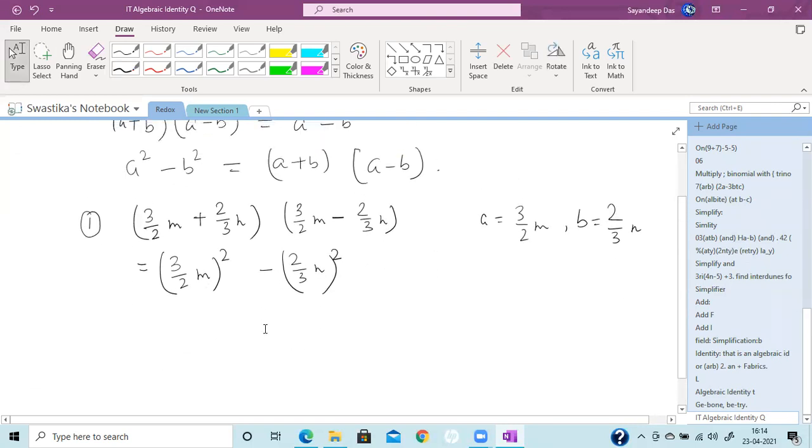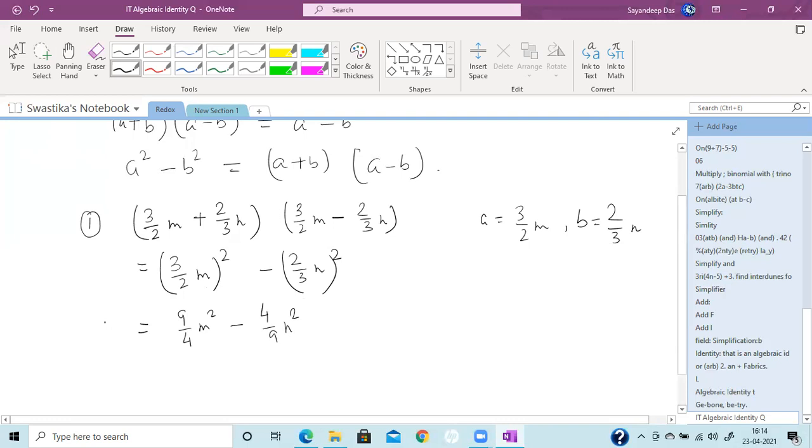So we can directly write that (3/2)² means 9/4 m² minus 4/9 n². So you see how things are becoming very easy. Multiplication is becoming very easy if you are applying the third identity.